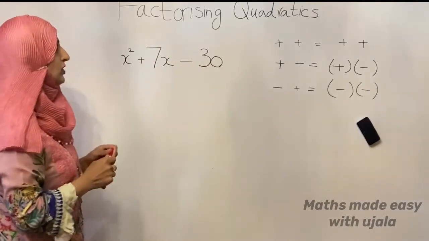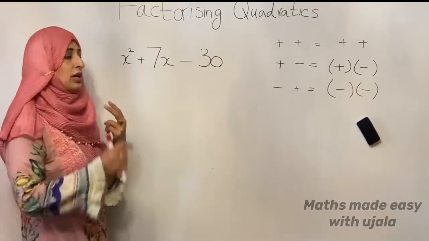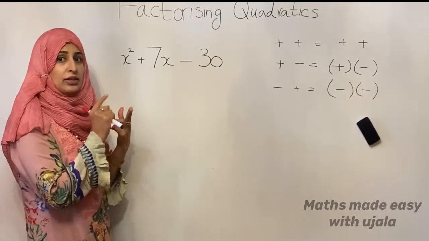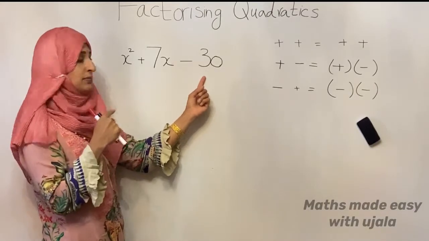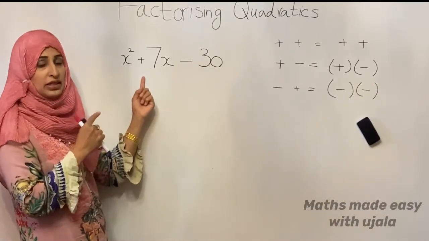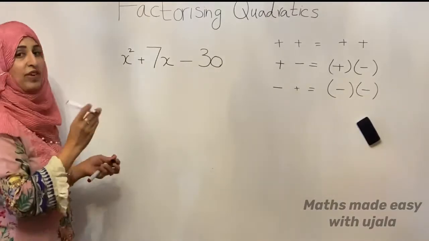To factorize quadratics, you have to find two numbers which, if you multiply them, the answer should be the last term, minus 30, and if you add them, the answer should be plus 7. For this reason, we have to find some factor pairs.